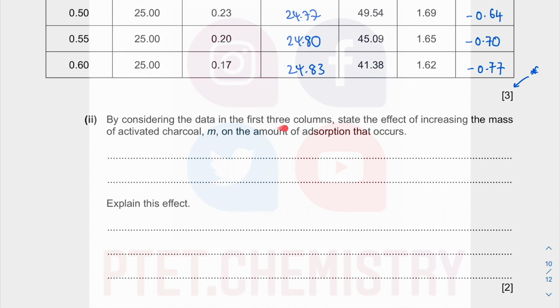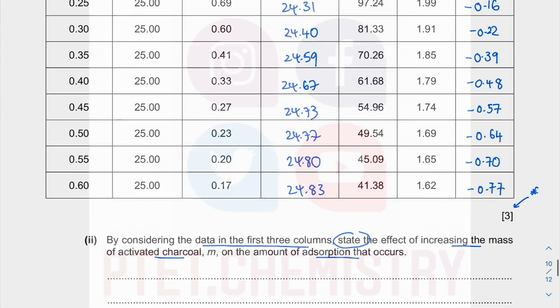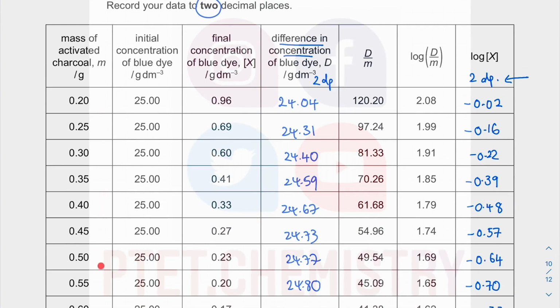By considering the data in the first 3 columns, what is the effect? So you just need to state, okay, and they do ask you to explain later on, but what is the effect of increasing the mass of charcoal on the amount of adsorption? On the first 3 columns, so it's this, and this. As the mass of activated charcoal increases, do we see what happened to the blue dye being adsorbed? Actually they said the first 3 columns, but if you compare these two, it's very hard to see.